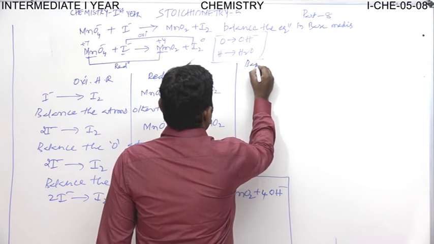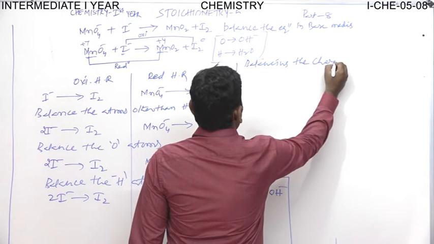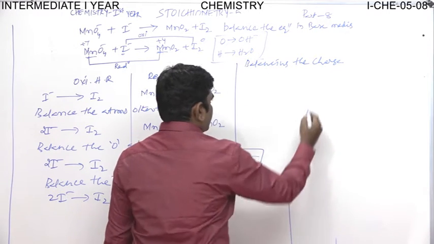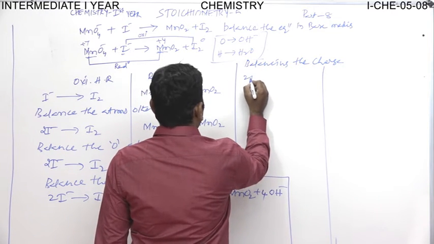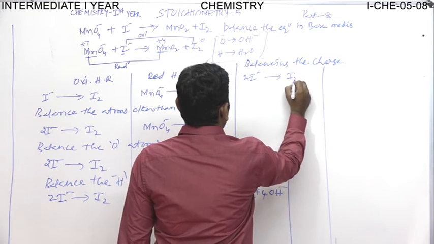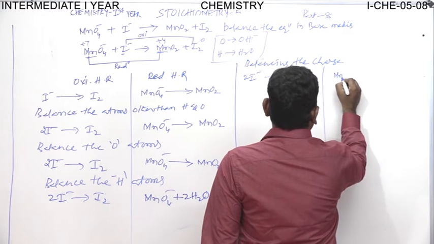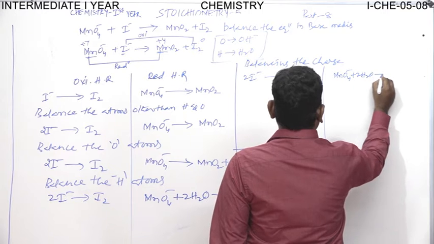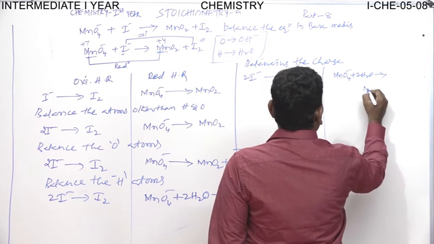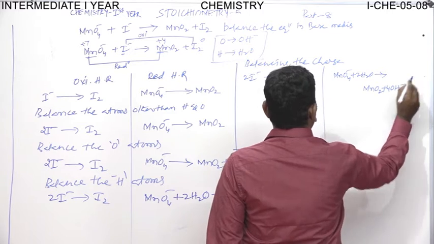Balancing the charge. So this side, what is the equation? 2I minus gives I2. So this side, MnO4 minus plus 2H2O gives MnO2 plus 4OH minus.